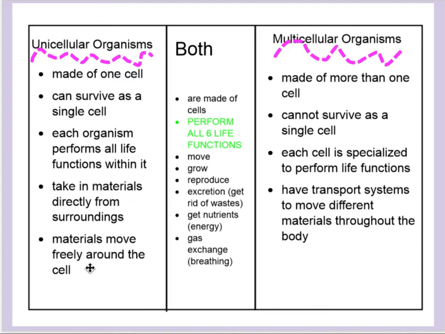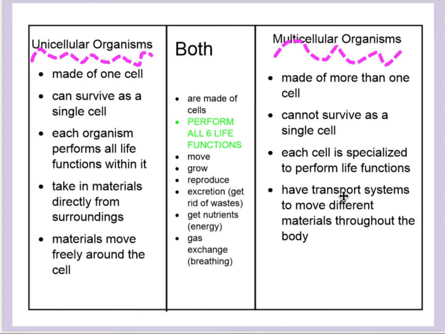Okay, so multicellular is made of more than one, or multiple, and it cannot survive as a single cell because each cell is specialized to perform the life functions. They have different systems to move different materials throughout the body. Now, once we get through this week, we're going to specifically talk about our body systems. So you're very familiar with them, I'm sure, but we know that we breathe because of our respiratory system, and that's our lungs and our mouth and our nose. You know, our big toe is not helping us to breathe.